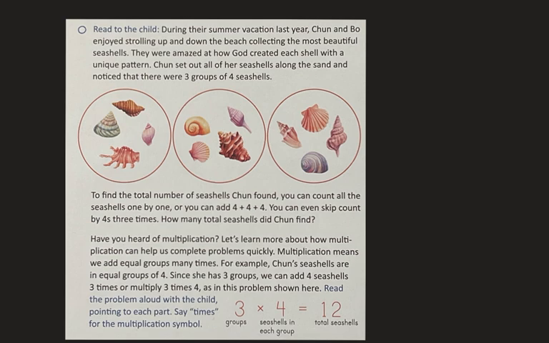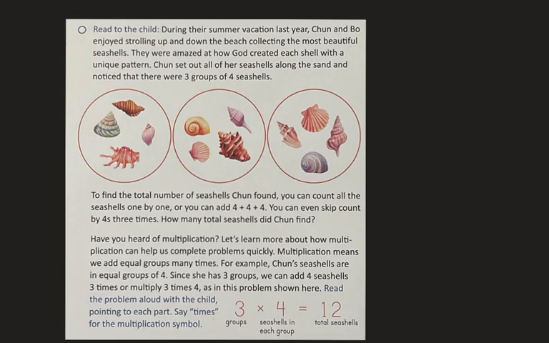To find the total number of seashells Chun found, you can skip count, or you can count all the seashells one by one, or you can add 4 plus 4 plus 4. You can even skip count by 4 3 times. So we call that repeated addition, where you're adding 4 plus 4 plus 4. How many total seashells did Chun find? Did you say 12? Good.